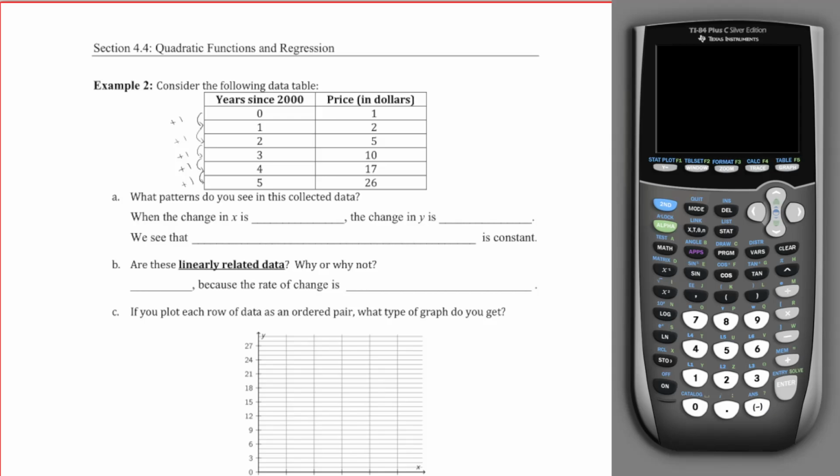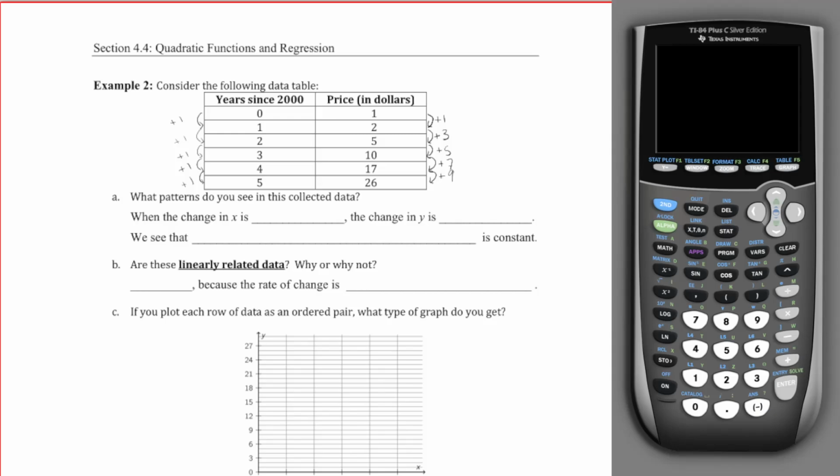But now, each time we go down a row, our output increases by different amounts. Right, from 1 to 2, that added 1. From 2 to 5, that didn't add 1 again, that added 3. From 5 to 10, we add 5. 10 to 17, we add 7. 17 to 26, we add 9.